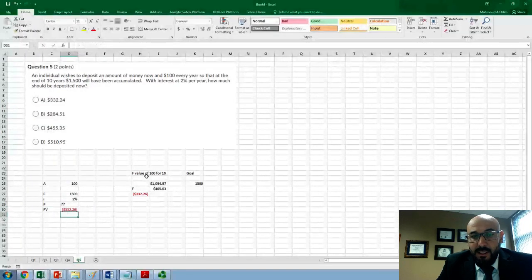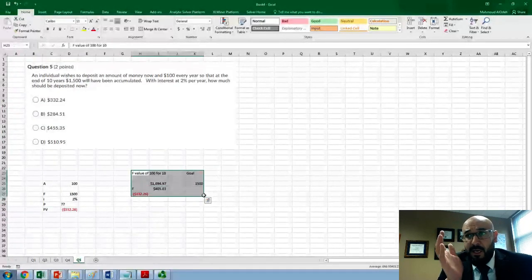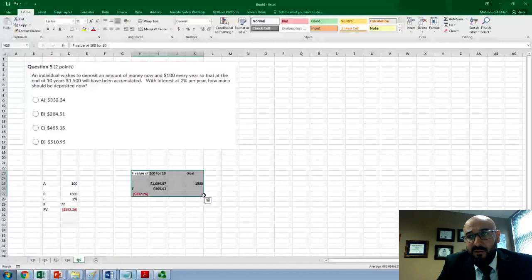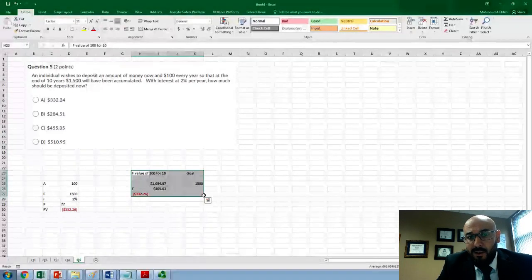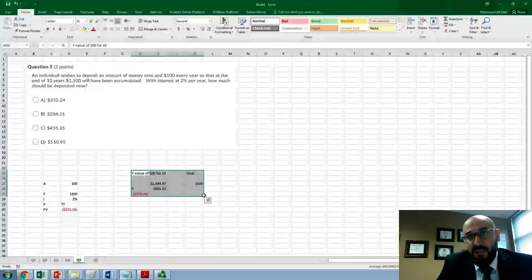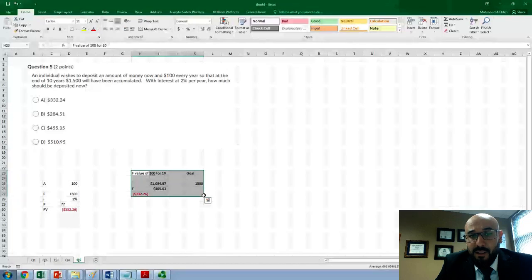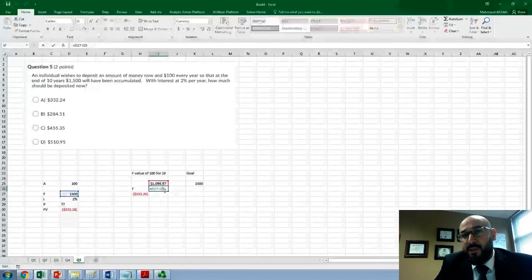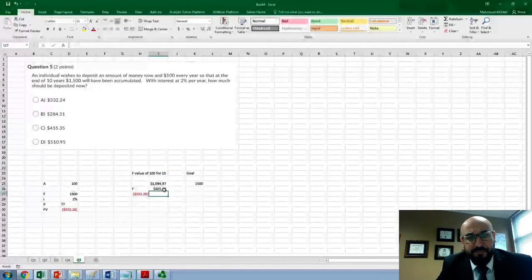This one makes more sense to me because I need to find the equivalent of the $100 over the 10 years, then find the goal, which is $1,500, subtract what I have from the goal, and whatever amount is left is the future value, and find the present value for that amount.